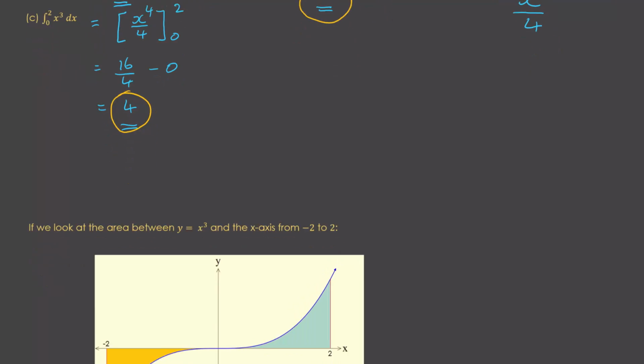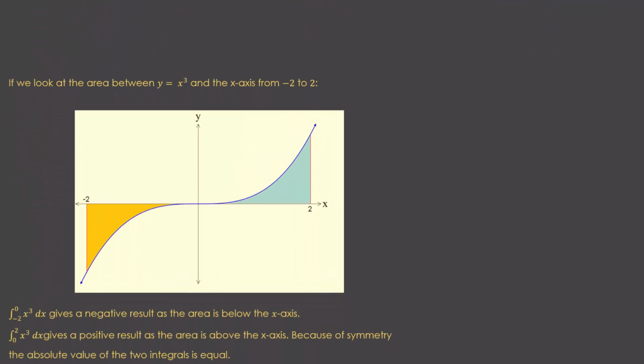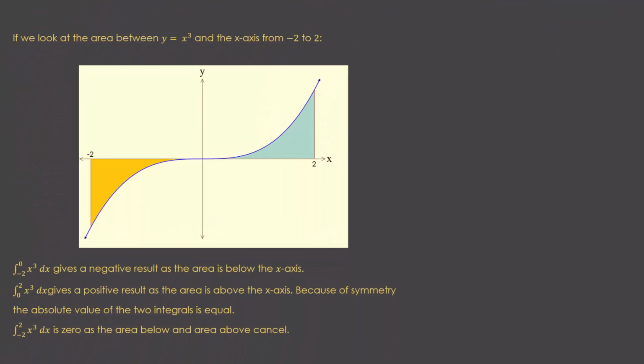Now, let's look at the area between y equals x cubed and the x-axis from -2 to 2. The integral from -2 to 0 gives a negative result as the area is below the x-axis. That's this area just here.